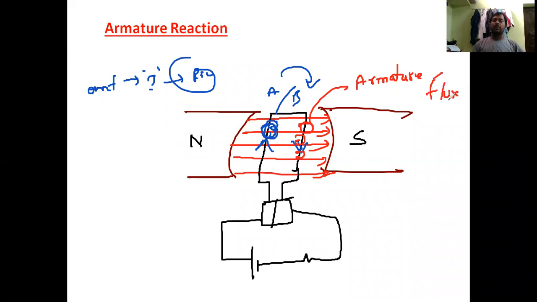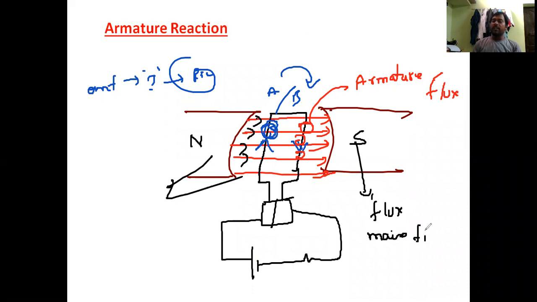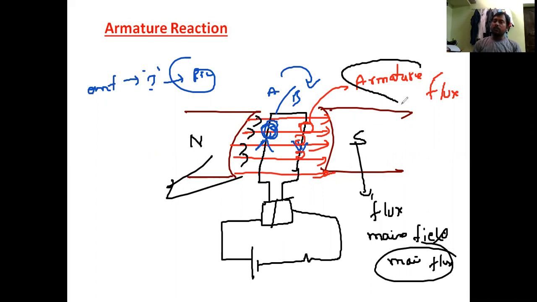Now, how are the armature flux affecting the main flux? The north and south pole flux are called the main field flux, or main flux. How does this armature flux affect the main field flux?